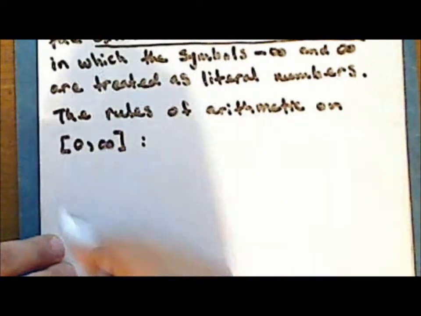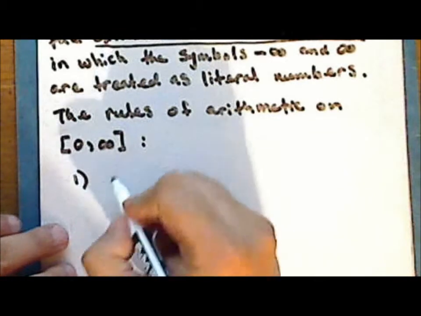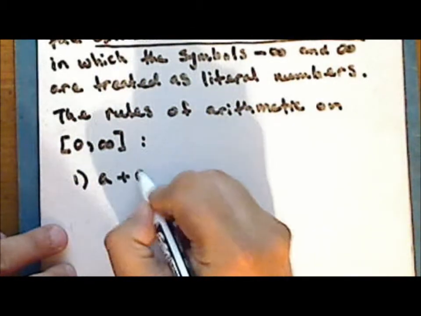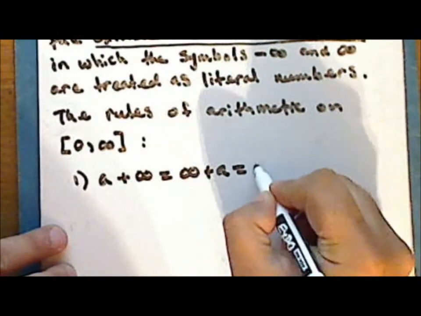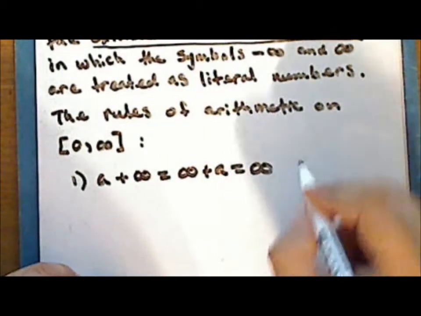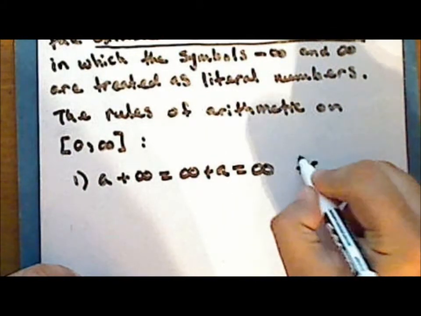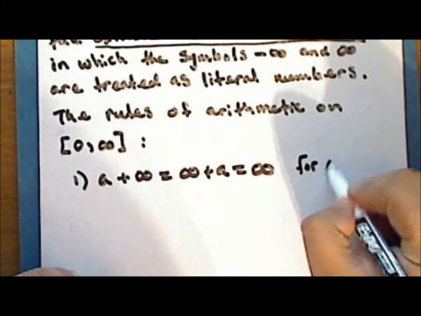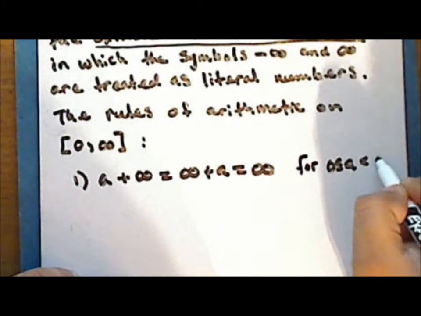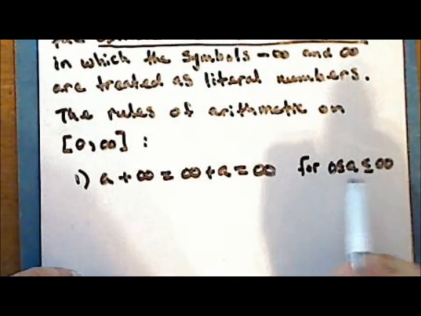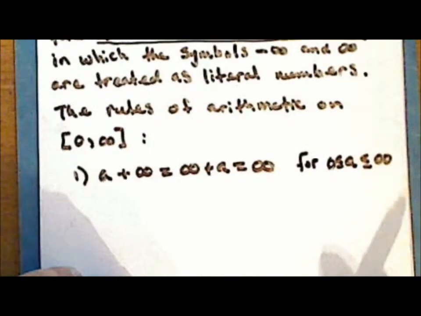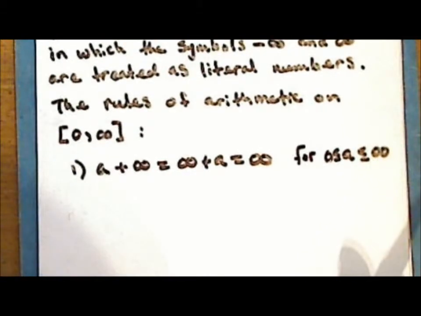Okay, so addition: we have that a plus infinity is equal to infinity plus a, which is infinity. And this is for any number a in the extended number system, in this case, in the non-negative subset.